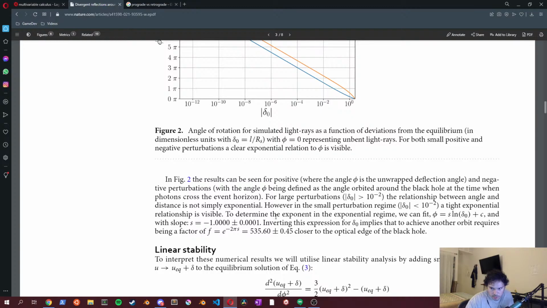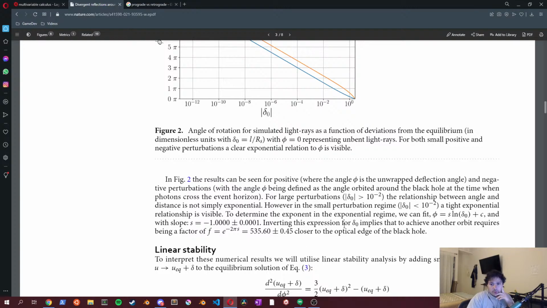To determine the exponential in the exponential regime, we can fit phi as s ln delta 0 plus c. And we see that the slope turns out to be about -1.